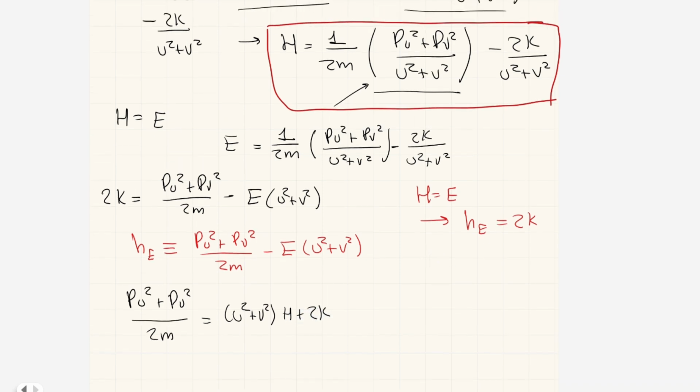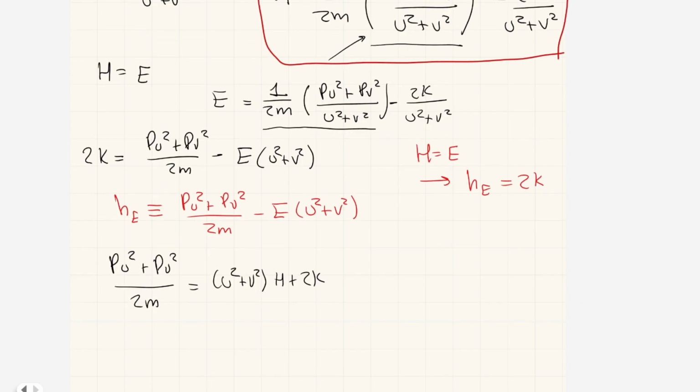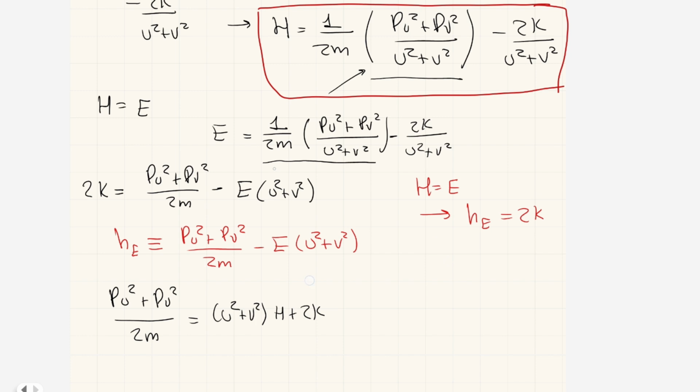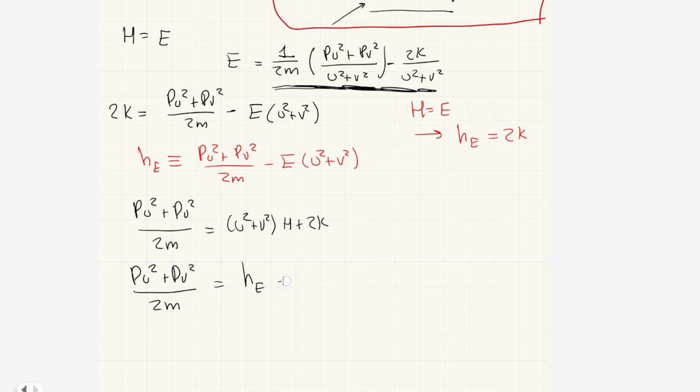This is in order to make the same thing with this expression over here, and to see what is the relation between H sub E and the Hamiltonian. You will see. If we make the same thing with this expression over here, we will get that (pu² + pv²) divided by 2m is equal to H sub E plus E times (u² + b²).